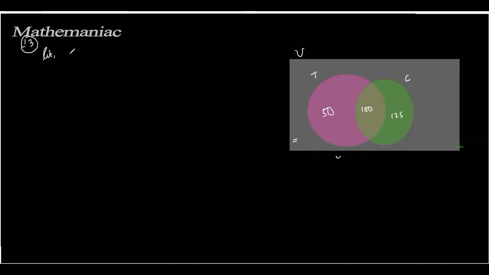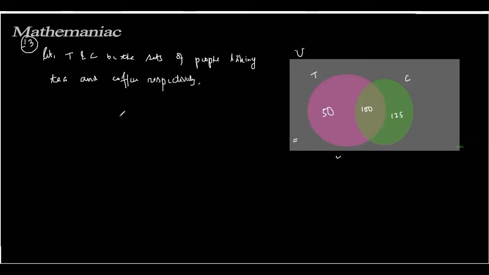Let T and C be the sets of people taking tea and coffee respectively, right?